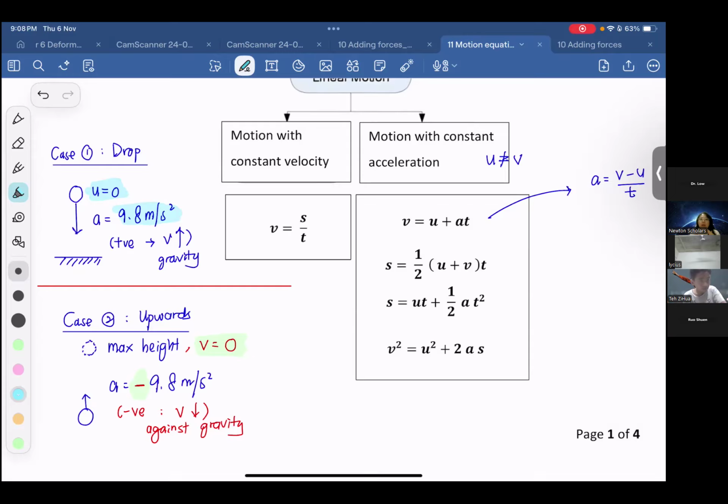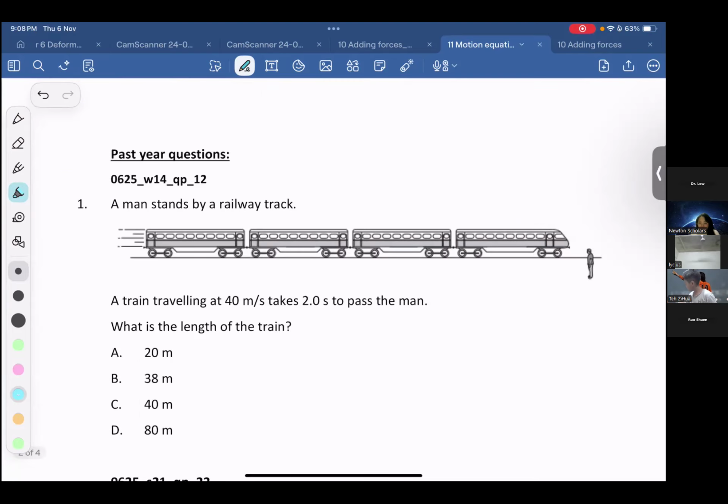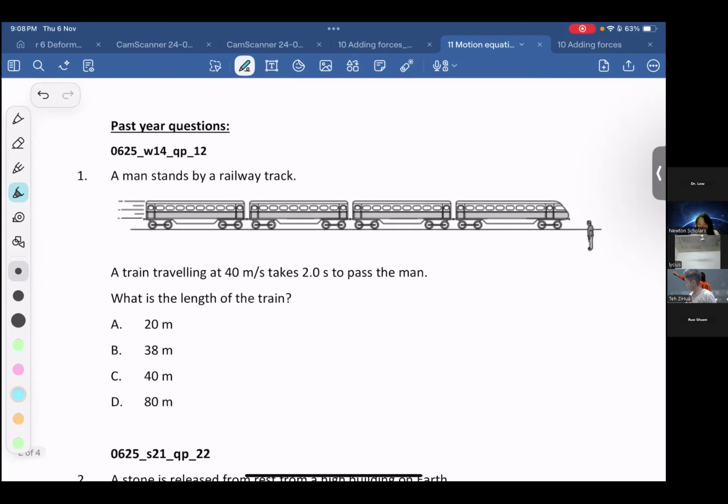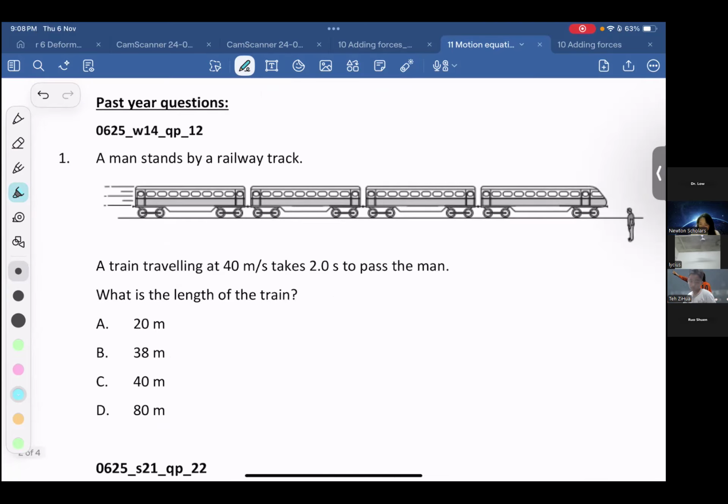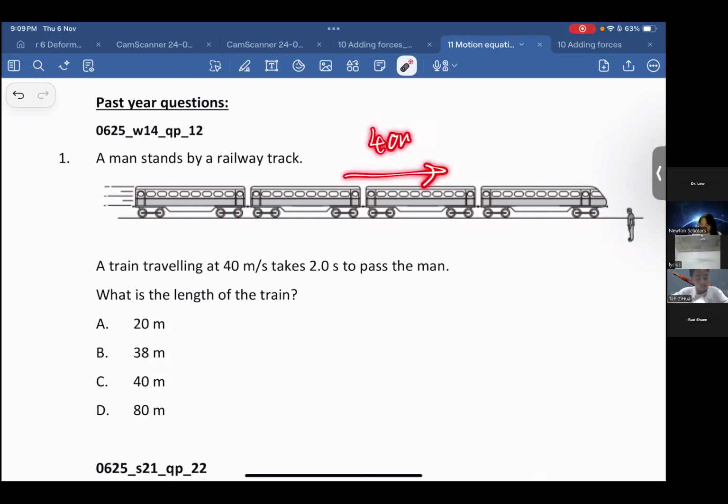Okay, if you are clear about these 2 cases, we are going to apply them on our past year questions. First past year question: a man stands here, standing. The train passes the man. The train is moving at 40 meter per second. It takes 2 seconds to pass through the man. Can I ask you, does the velocity of the train keep on changing, or is it constant all the time?